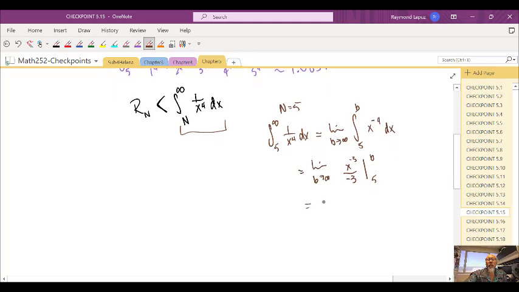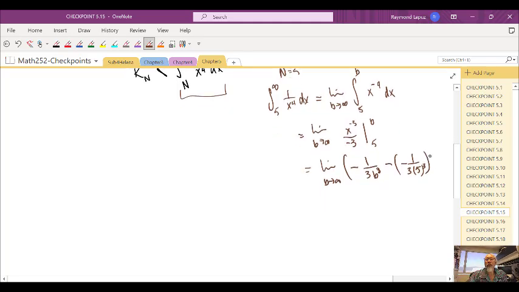This gives negative 1 over 3b cubed, since b to the negative 3 is b cubed in the denominator, minus negative 1 over 3 times 5 cubed.